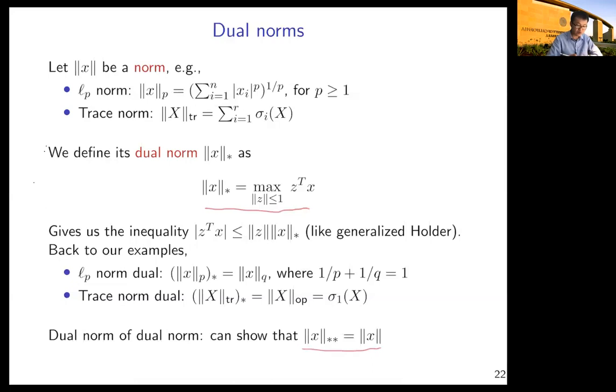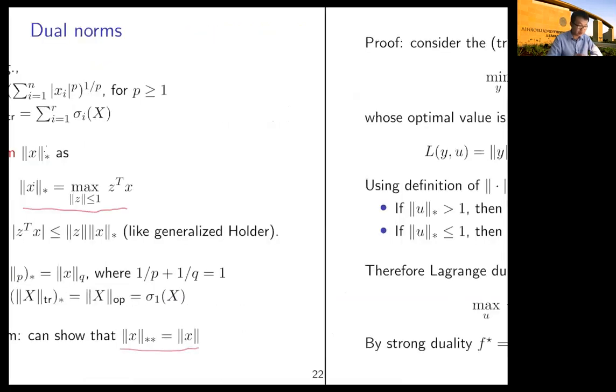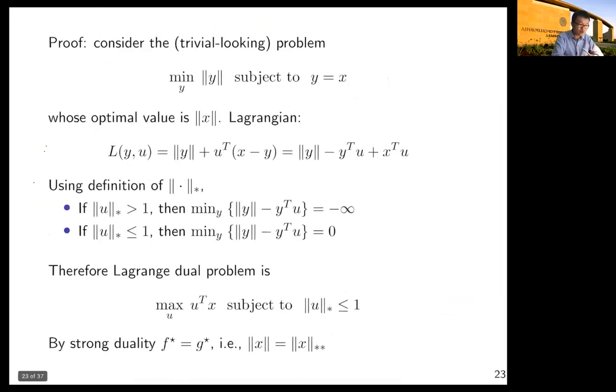This is an interesting property that we have seen from an alternative approach, by directly proving it from the definition. But now let's try to see this in a slightly different way. Let's construct this trivial optimization problem: minimizing a dummy variable y subject to the condition that y is equal to x. We know that the optimal solution is simply the norm of x, right?